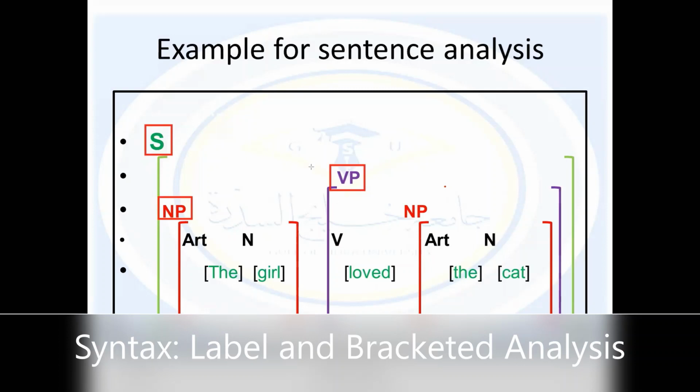And in the verb phrase we'll find some other smaller component, which is the noun phrase. And inside the noun phrase we'll find article and noun. And inside the verb phrase, here we talk about some other component, which is the verb and the noun phrase, as you see.